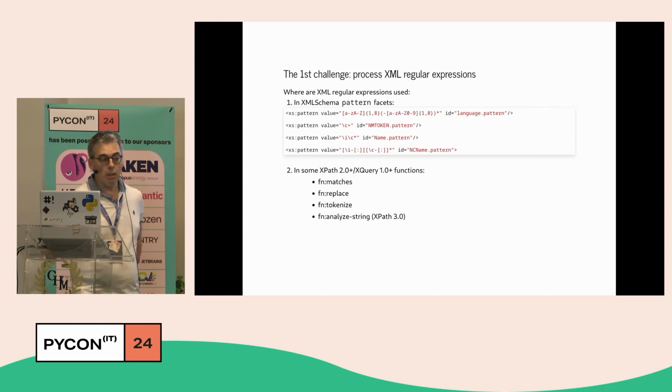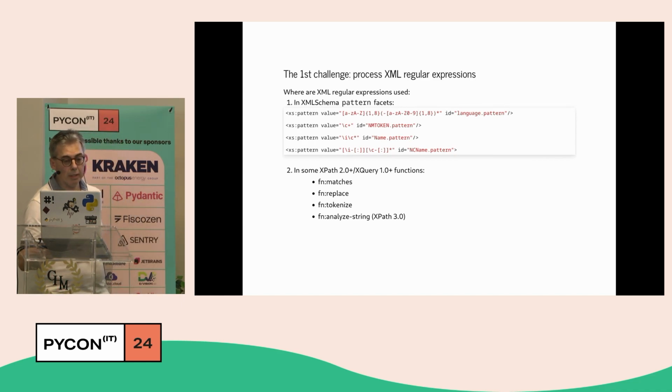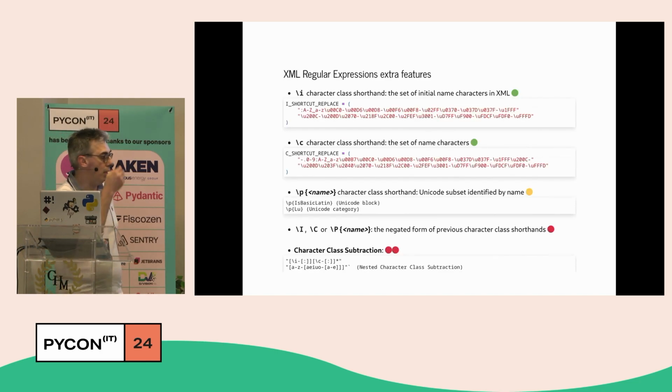These expressions are also used in XPath 2.0 and XQuery 1.0 functions. So after the initial development, it appeared clear to me that there is no way to support a validator for XML Schema, and then for XPath, without implementing a solution for that.